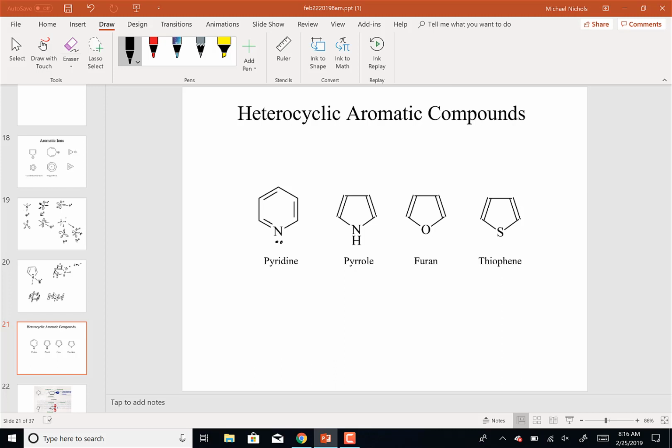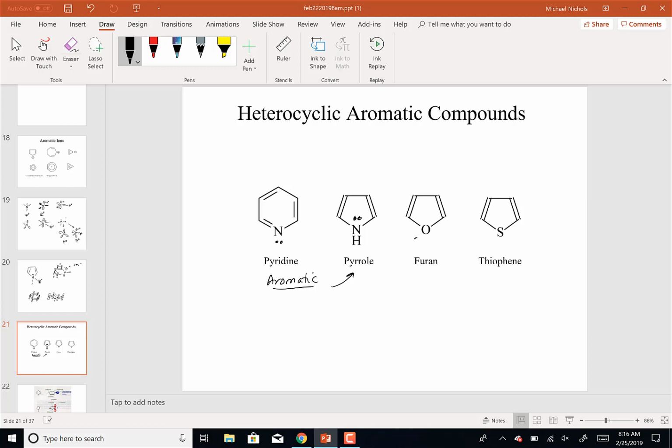So when the double bond is to the nitrogen, there's no question it's already aromatic. And then the pyrrole here, we've seen, is aromatic as well. So both of these, well, all 4 of these, are actually aromatic because the nitrogen is either sp2 or it chooses to be sp2.